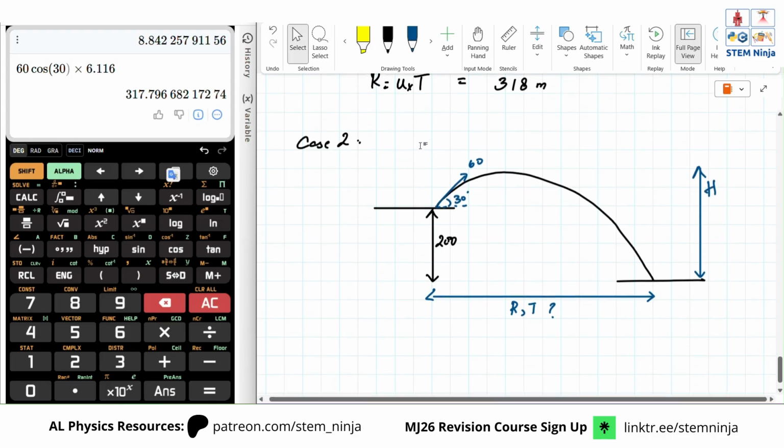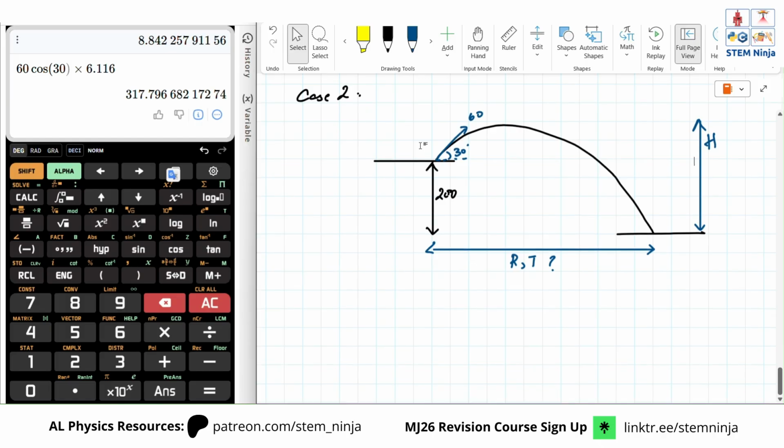So we would repeat a similar process to what we did. Vertical motion would be similar. We need to figure out what this small height is. So this would be sy, uy. Oh, we don't know the time, right? So what we can do is use 2as equals v squared minus u squared.